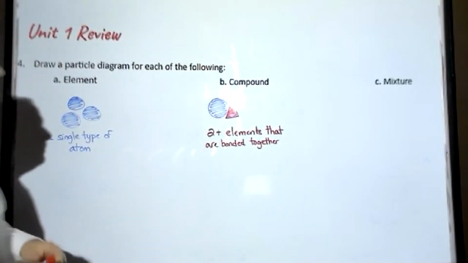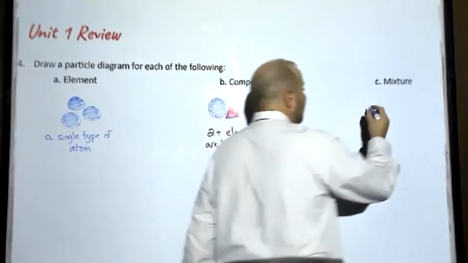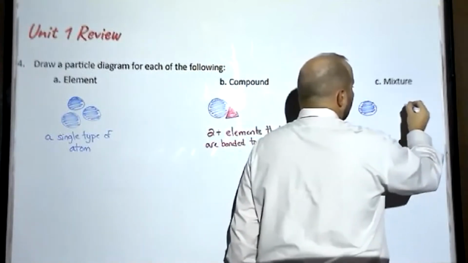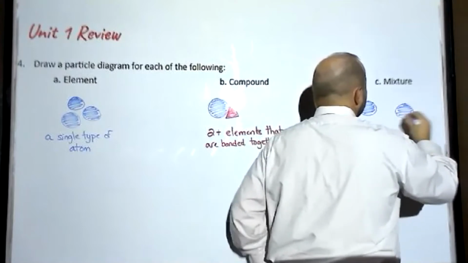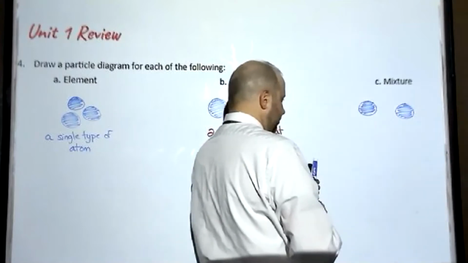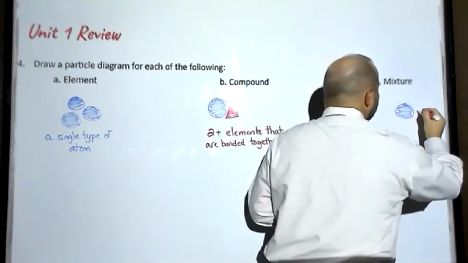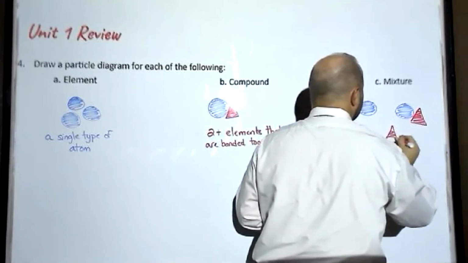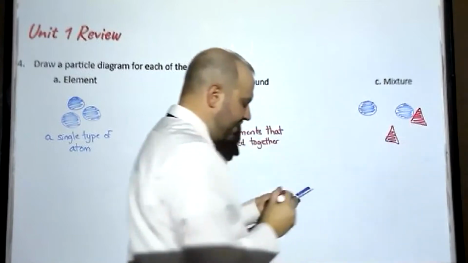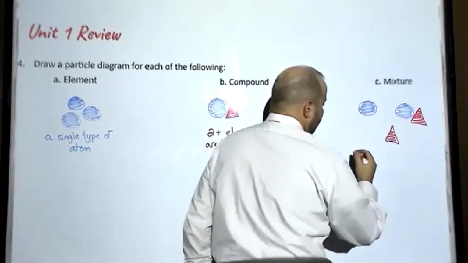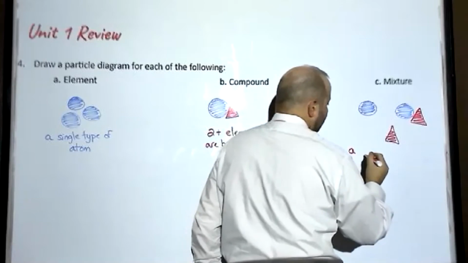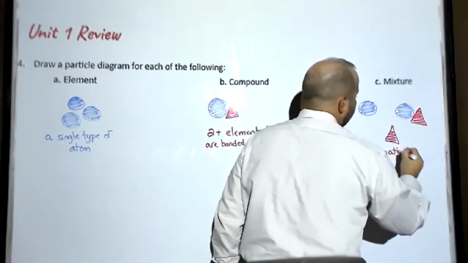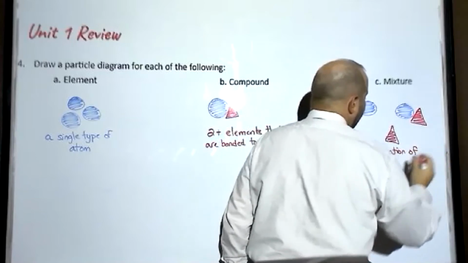The last one is a mixture. So we have a mixture, we might have elements, we might have compounds, so here we have a combination of different elements and or compounds.